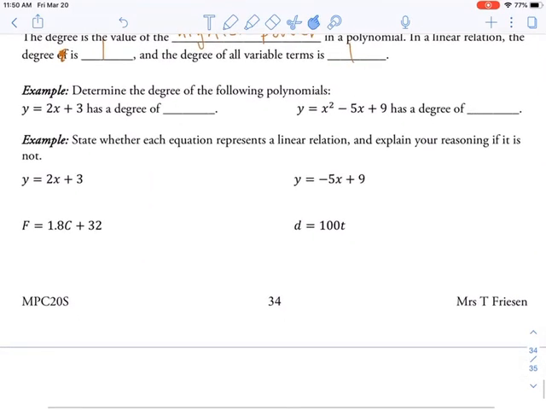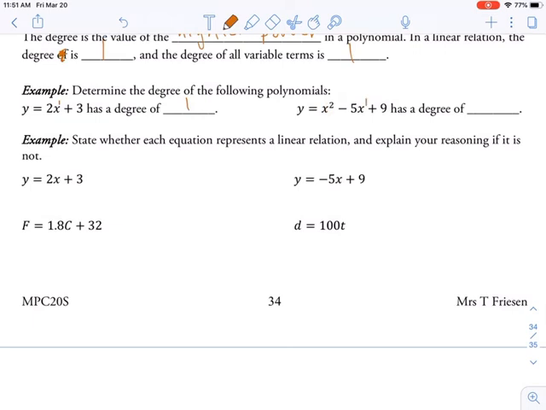Okay, so let's look at the degree of these polynomials. Here we have y equals 2x plus 3. Remember, there's a little invisible 1 exponent up there, so that means this has a degree of 1. Then if you take a look at the second equation that I gave you, we have a few terms with variables in it. We have one that has x squared, and then this one that, again, has that little invisible 1.